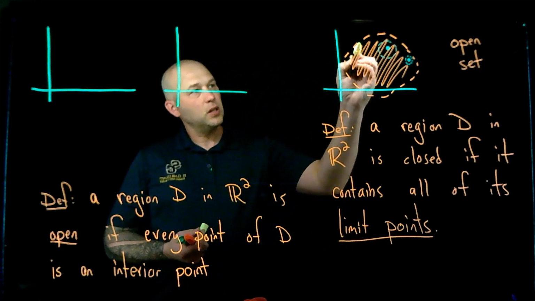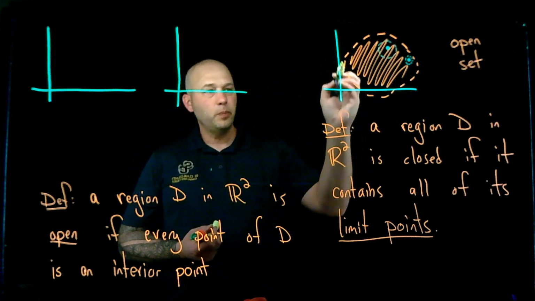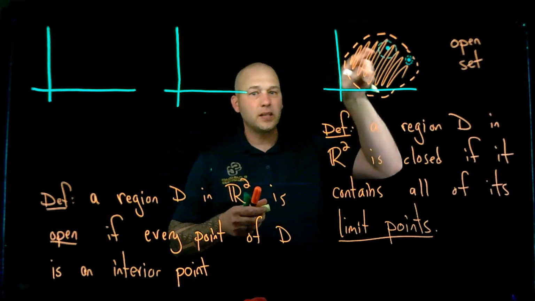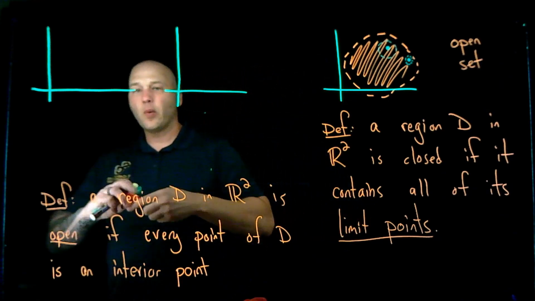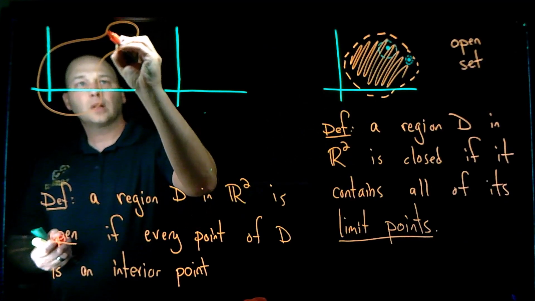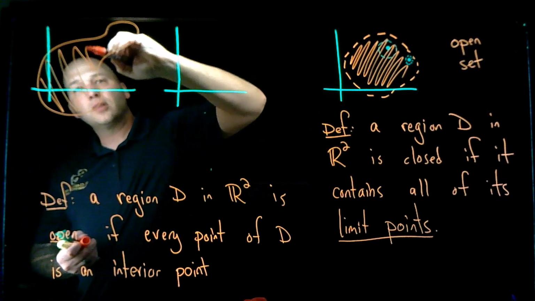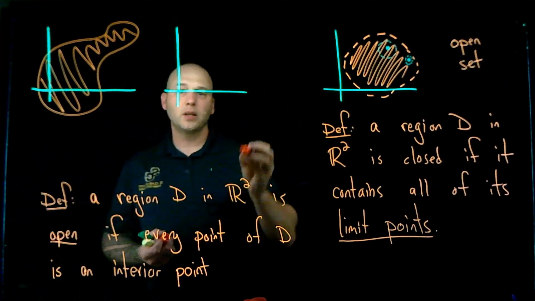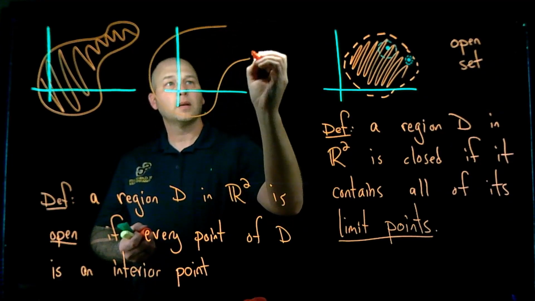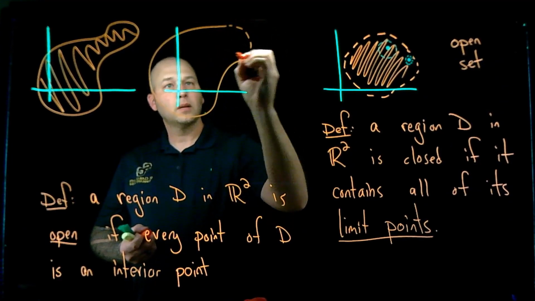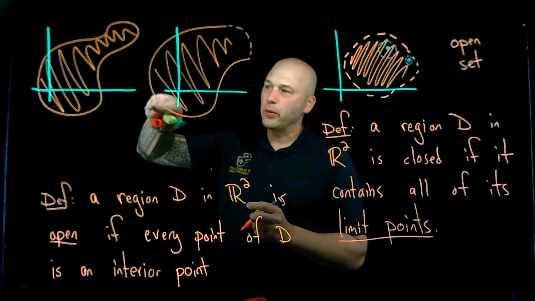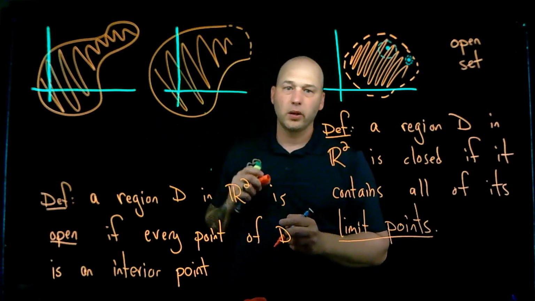So the convention is that a dashed line is not included, but if I want to include it, like the closed-in circles that were scribbled in, we used a solid line. So let's say I wanted to do something like that, with everything inside included, versus if I wanted to do something like that, where maybe this part of the boundary is included, but that part of the boundary is excluded.